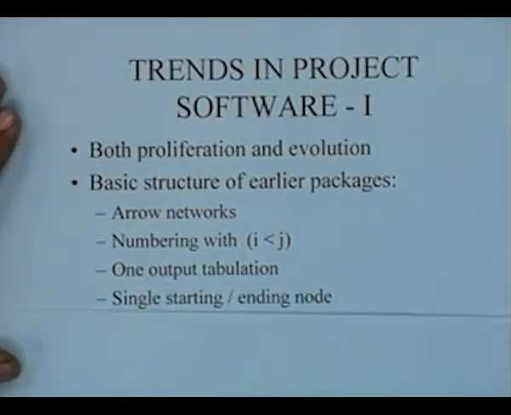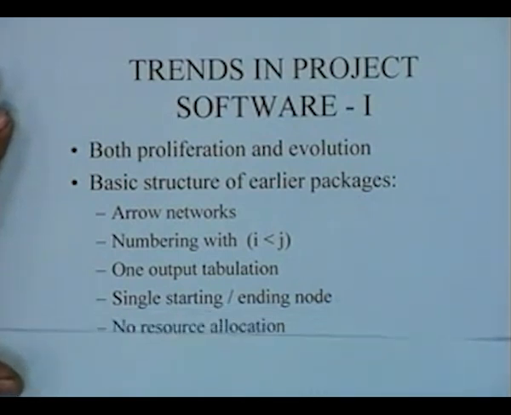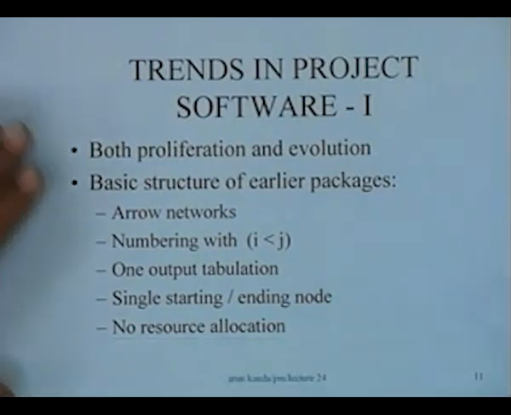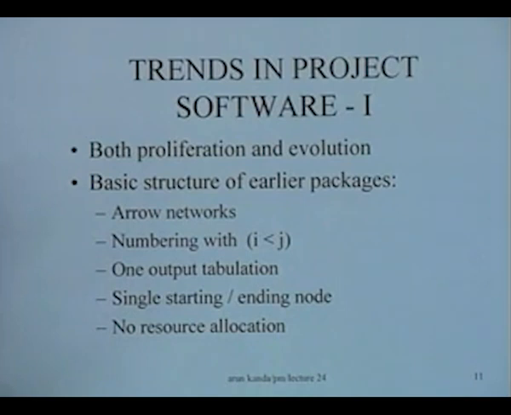And typically what was assumed was a single starting node and a single ending node. And there were no resource allocation facilities earlier in packages, really speaking. So this was the kind of scenario that used to persist in the software packages available earlier, in the 70s, even up to the 80s.